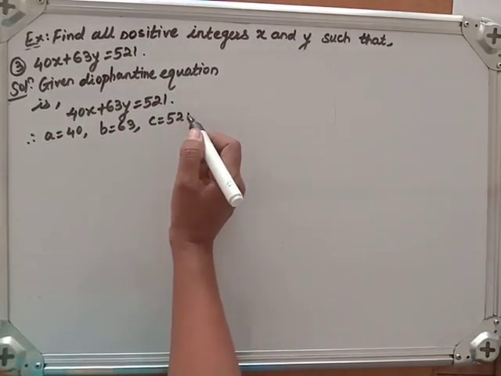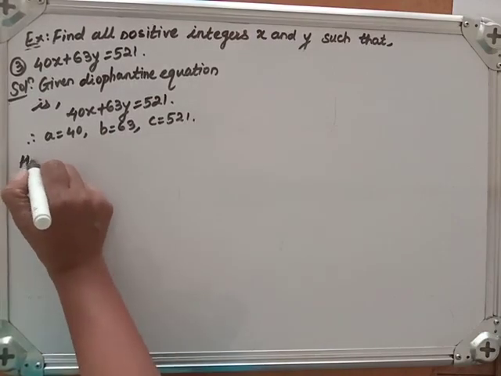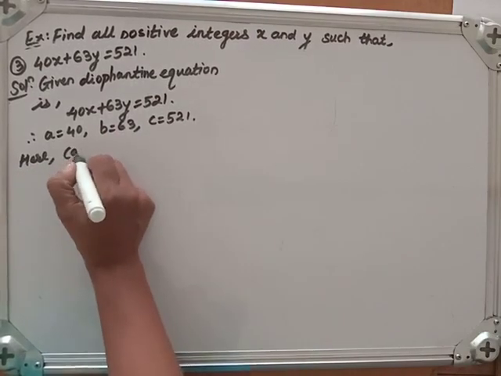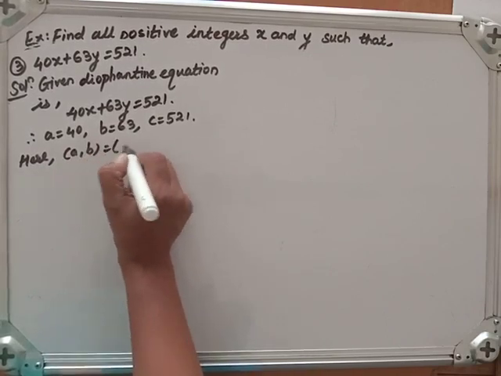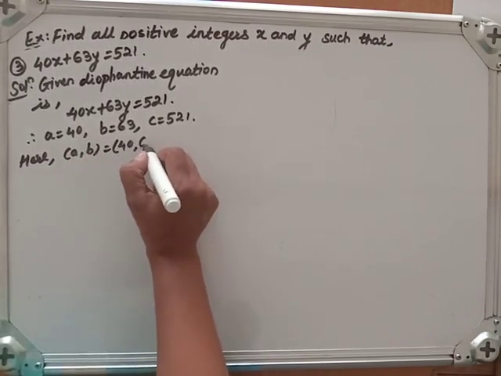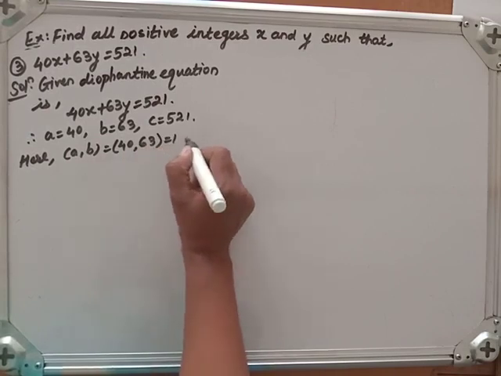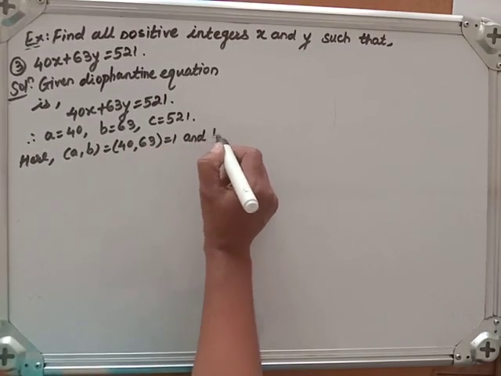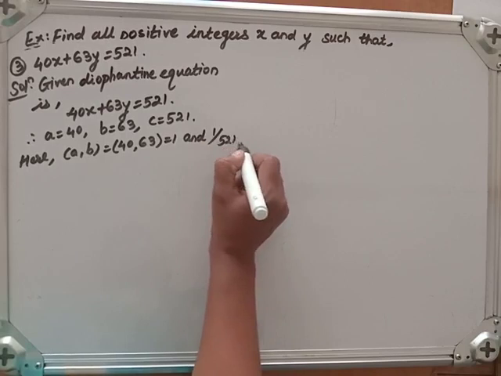Okay. So here the GCD of A and B, that is GCD of 40 and 63, is 1. You can check it, and 1 divides 521.